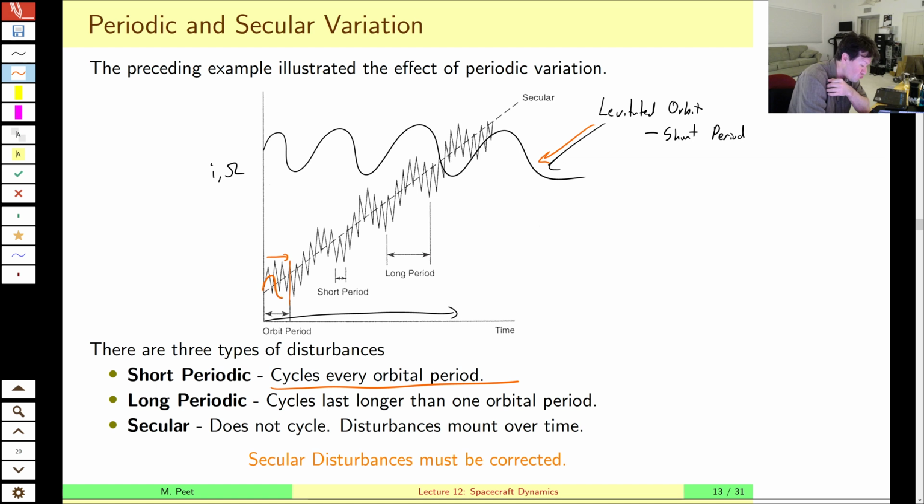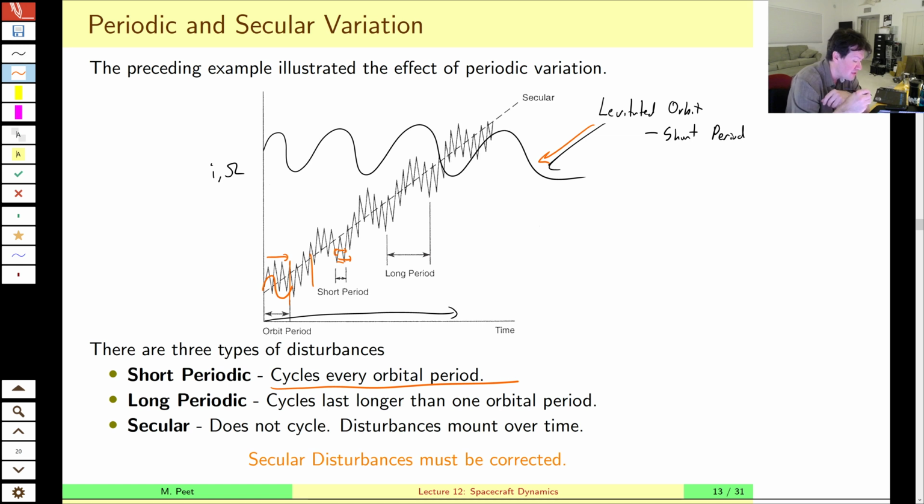There's a nice short period oscillation, one that disappears at the end of each period. It can reappear at the end of the next period, but for each orbit it comes and goes. That's a short period. Or it could be even shorter. So it's a perturbation that comes and goes over less than one orbital period.